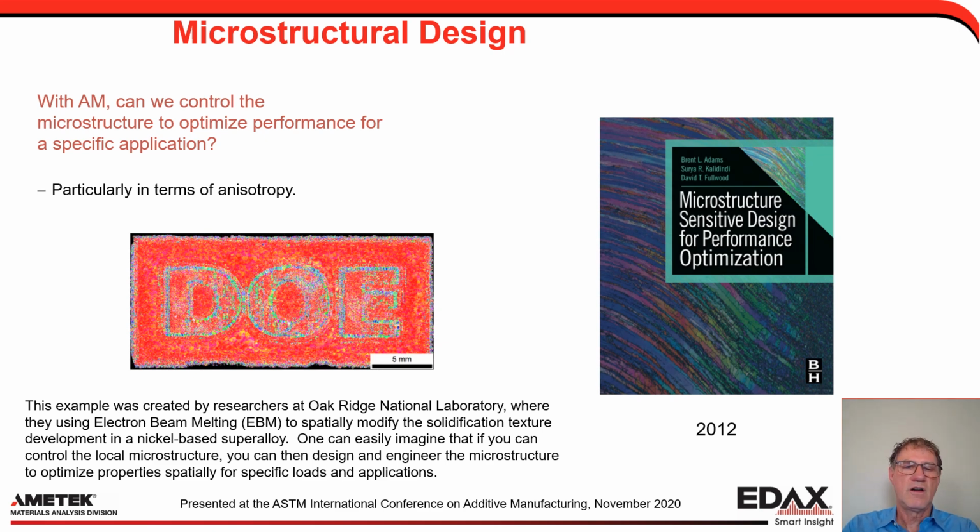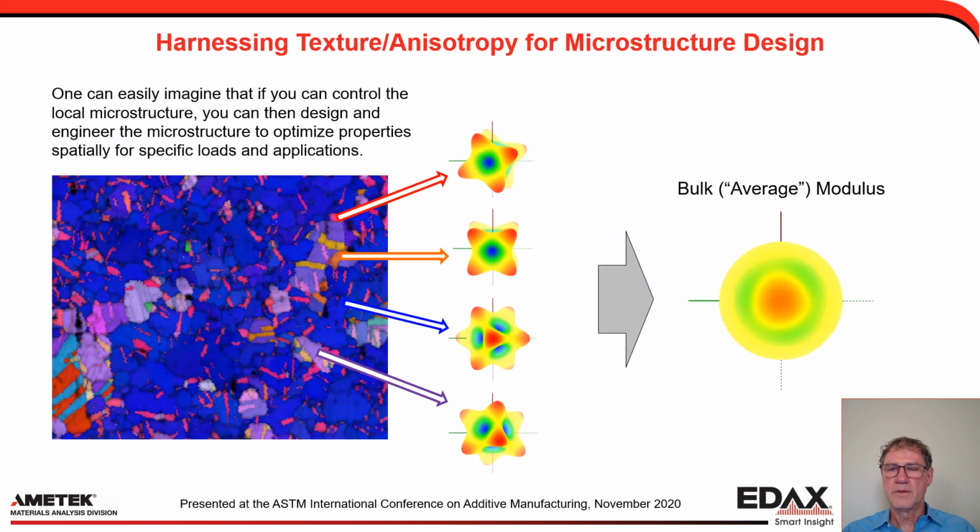The colors you see there are different grain orientations. So this will affect the properties locally within the red material versus the blue and the green, as you might expect. So if we can control the microstructure like this, then maybe we can engineer the microstructure to meet the property needs of a particular component.